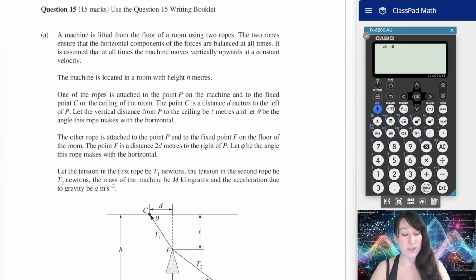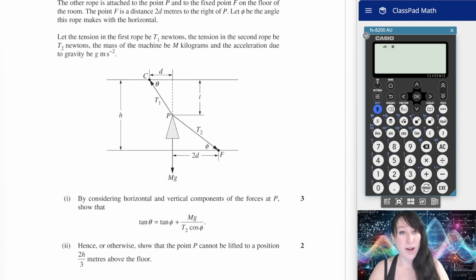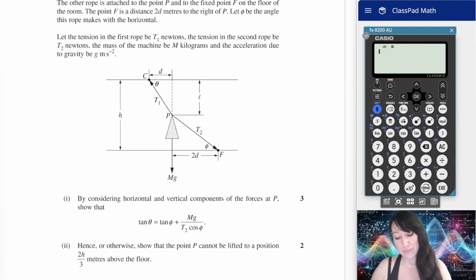Let the tension in the first rope be T1 newtons, the tension in the second rope be T2 newtons, the mass of the machine be m kilograms, and the acceleration due to gravity be g meters per second squared. Part 1. By considering the horizontal and vertical components of the forces at P, show that tan theta equals tan phi plus mg over T2 cosine phi.